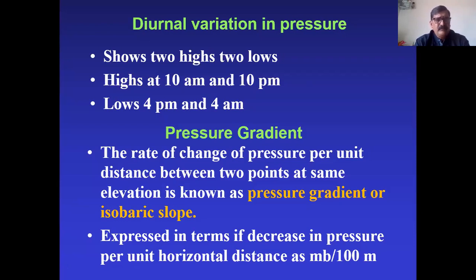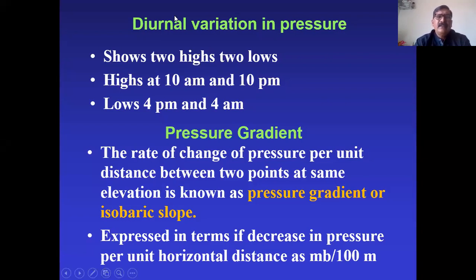So diurnal variation in pressure, if you are asked in the examination: maximum pressure is observed during the day and minimum pressure during the day, meaning 24 hours. So there is one high and one low in general in temperature, but in atmospheric pressure there are two highs, meaning maximum values twice, and low values twice in a day.